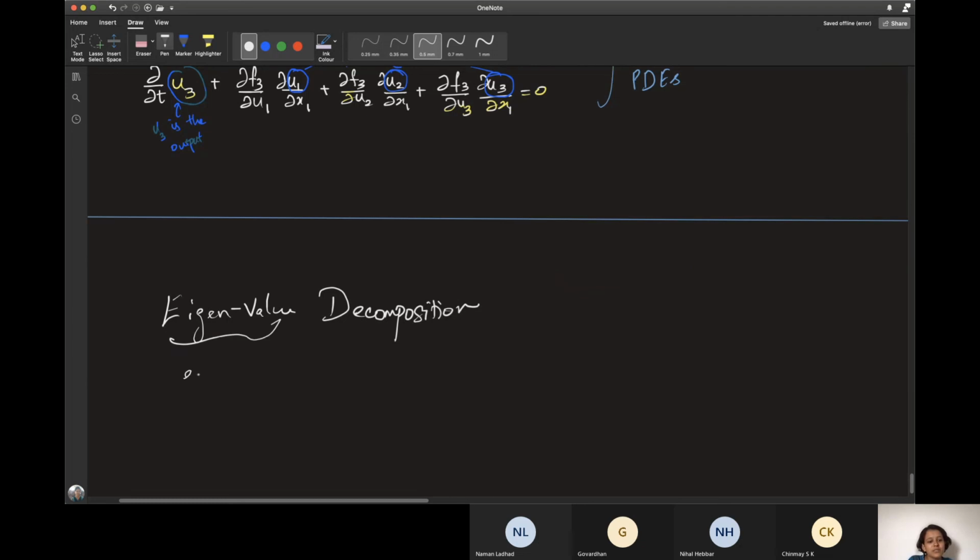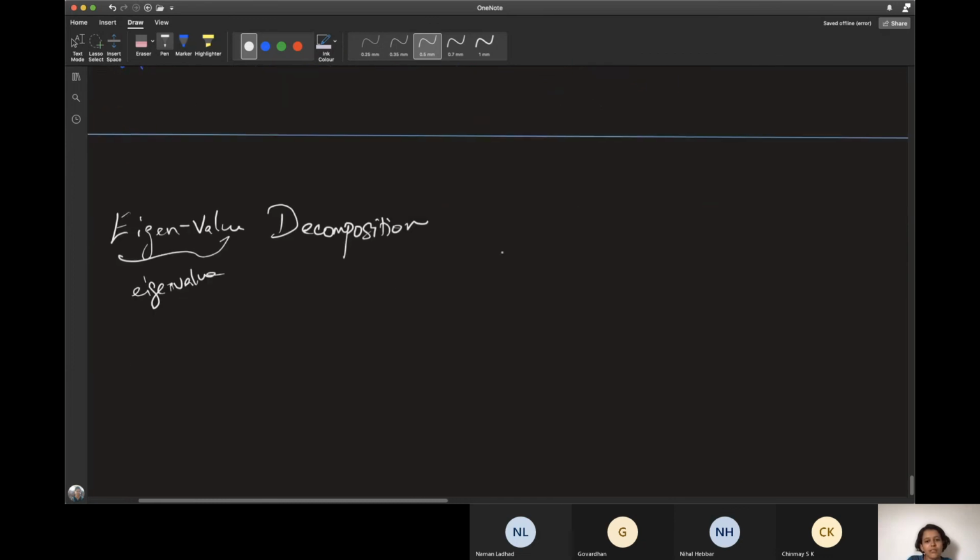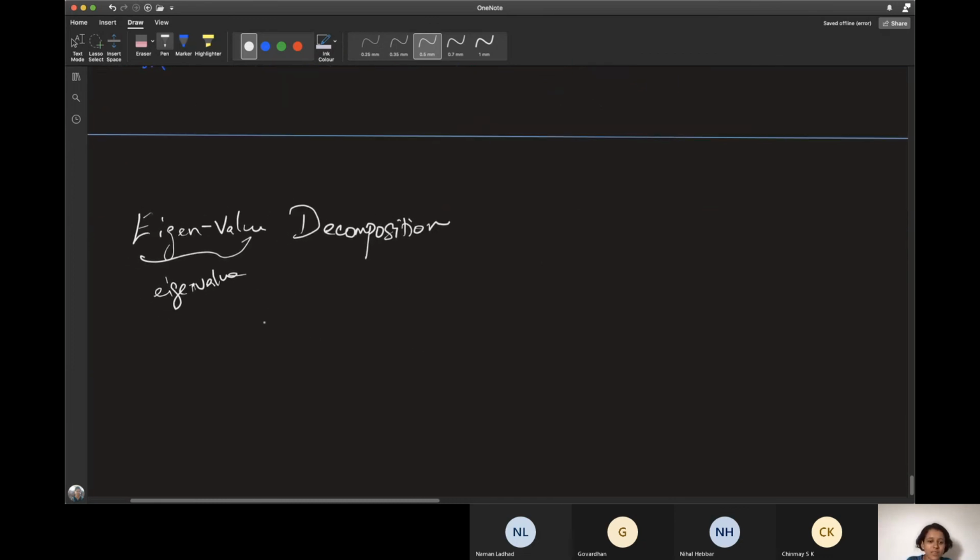Actually, eigenvalue is just one word; we cannot write it as two separate words. So it's possible only when, for a matrix, you have linearly independent eigenvectors.